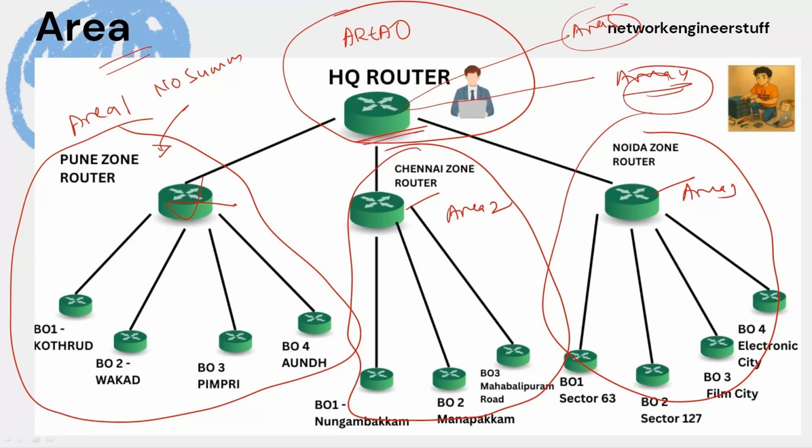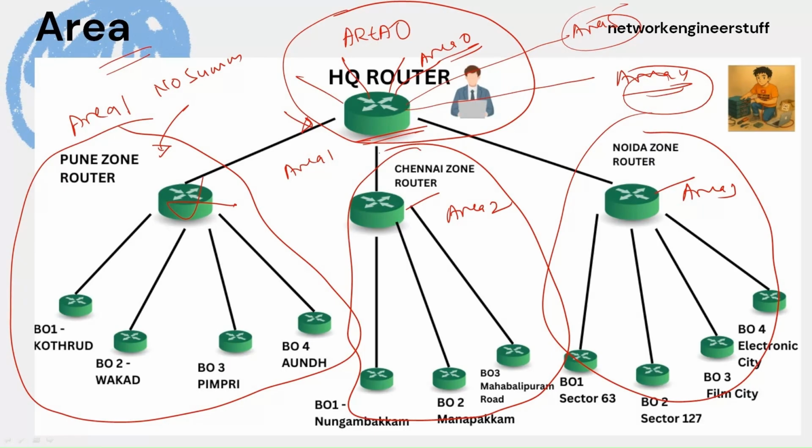Let's say this is a router, okay. Now this is a router which will have one leg, I'll say, or link in area 1, and of course it will be having some internal routers connected over here, and those will be in area 0. So this is known as a border router, which is on the border of two areas. So this HQ router will have some link in area 0 and some link in area 1.